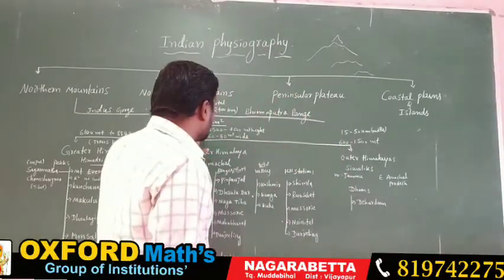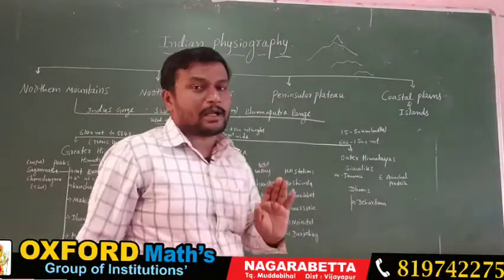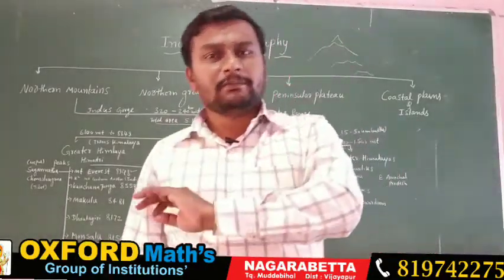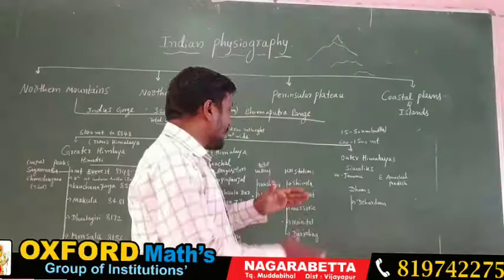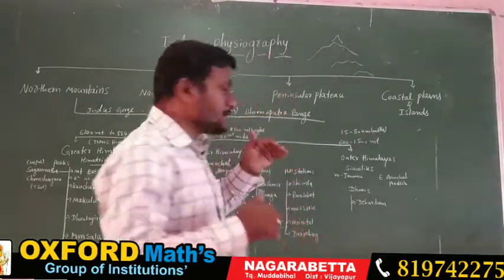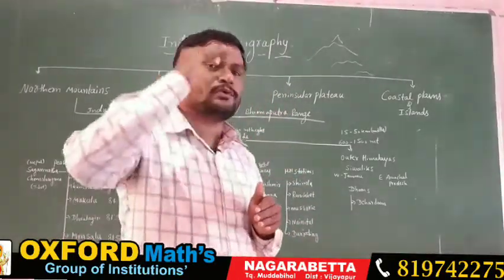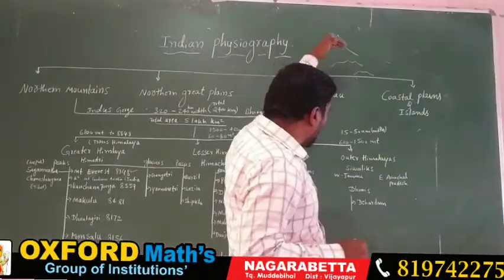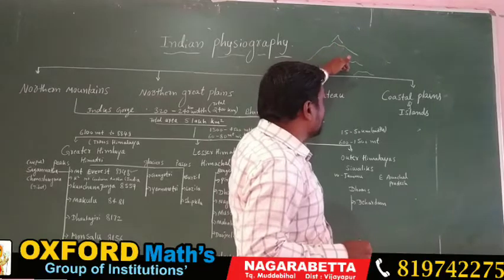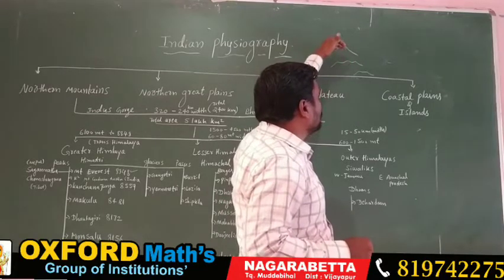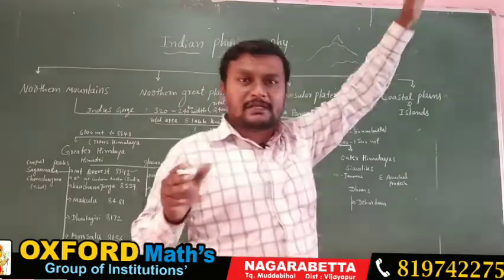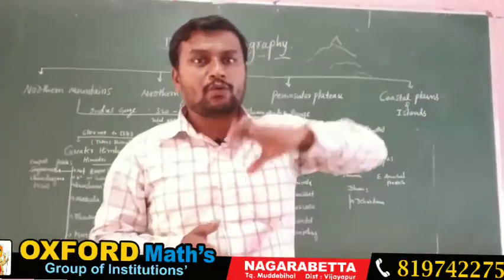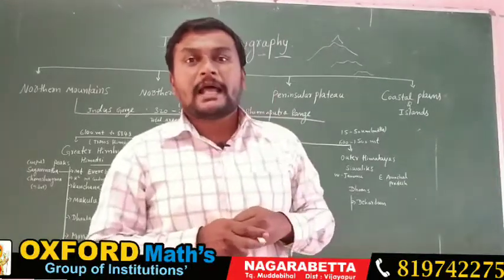Another name for the Lesser Himalaya is Himachal. The height of these mountains starts from 1500 meters up to 4500 meters above sea level. So this kind of high mountain area is called the Lesser Himalaya.